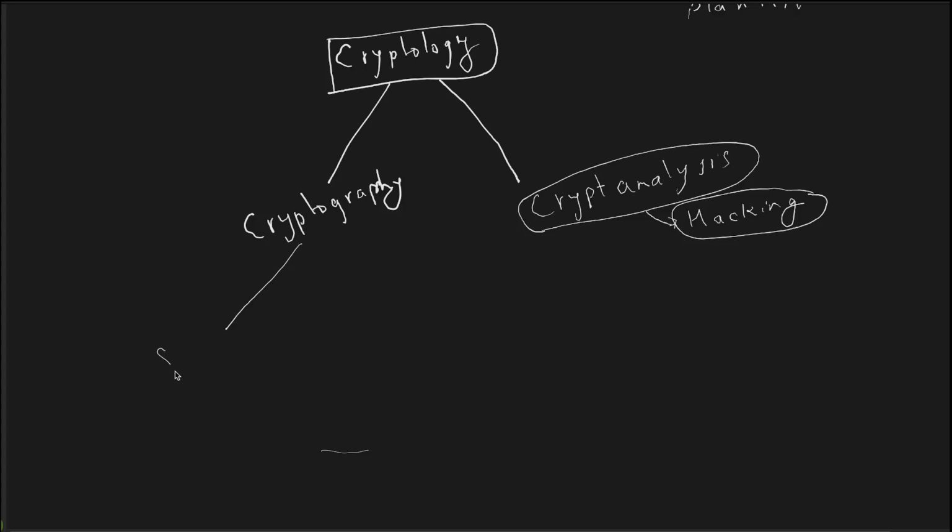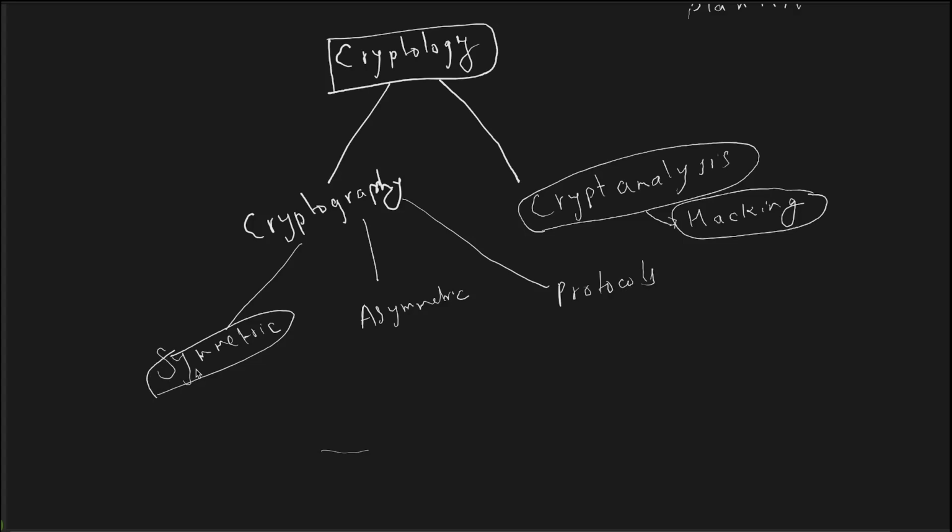The first one is something called symmetric cryptography, the other one we have is asymmetric, and then the third one we call protocols. In the case of symmetric cryptography, there are two parties involved where we share the same exact secret key, just like the one we talked about in the above example, where the sender uses the same key to encrypt and the receiver uses it to decrypt the text.